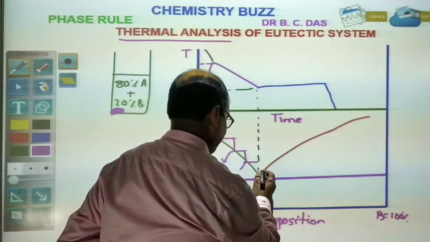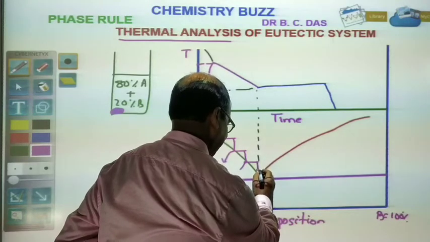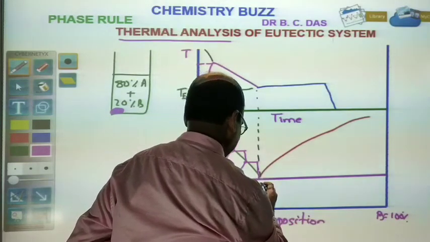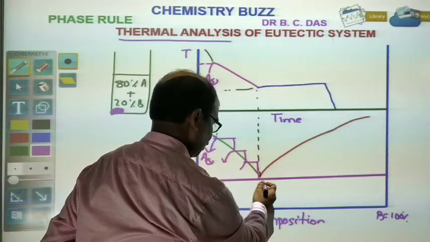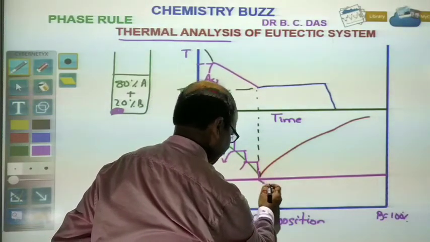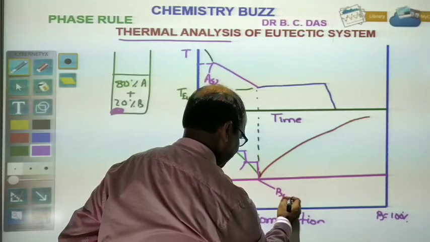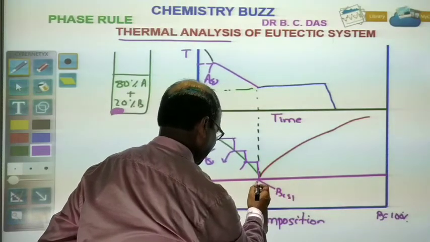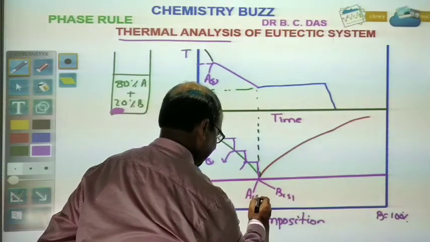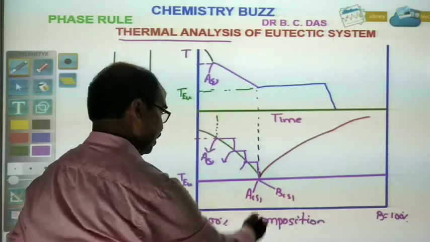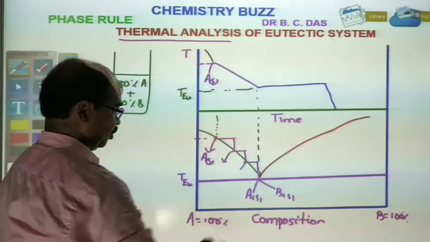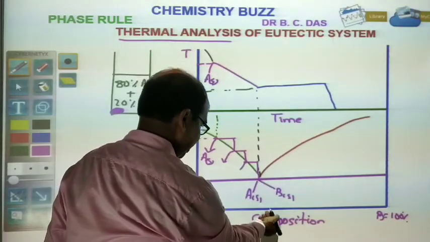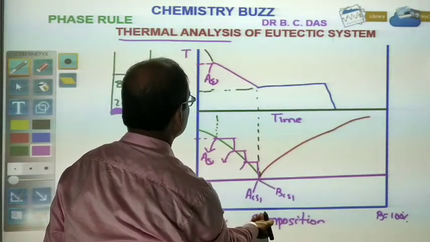At this composition, when this is cooled, the solidification of B starts. B solid starts in addition to solid A. So this is the eutectic temperature, and this composition is the eutectic composition.